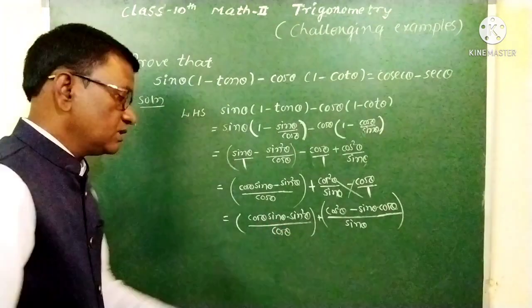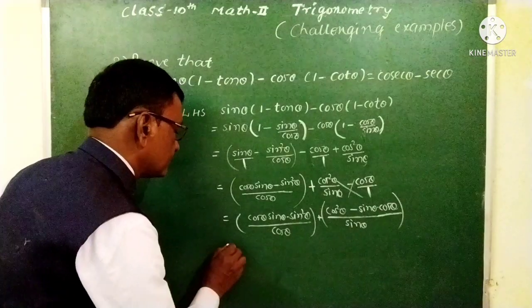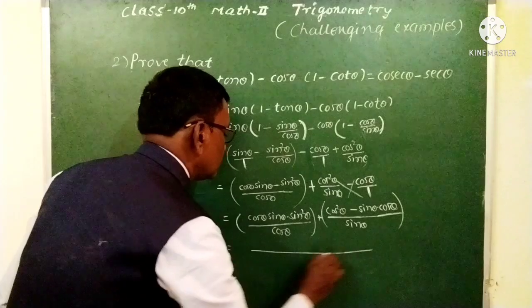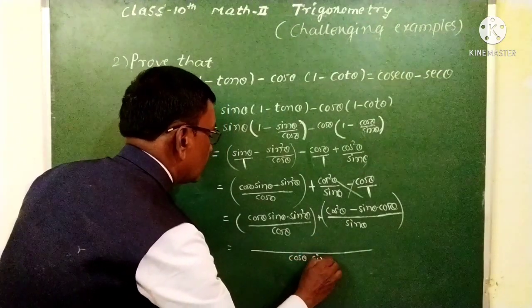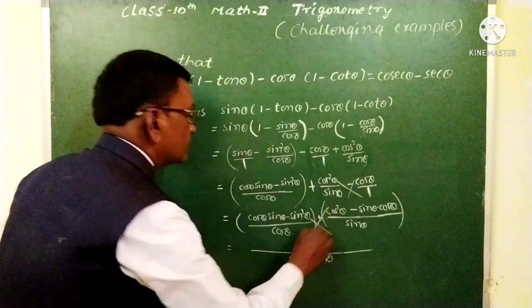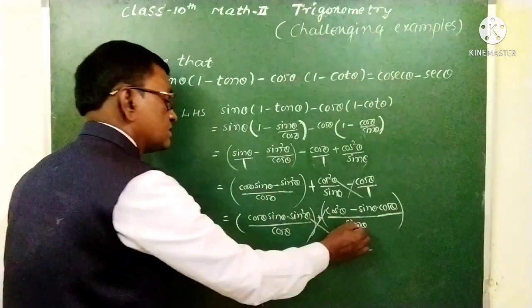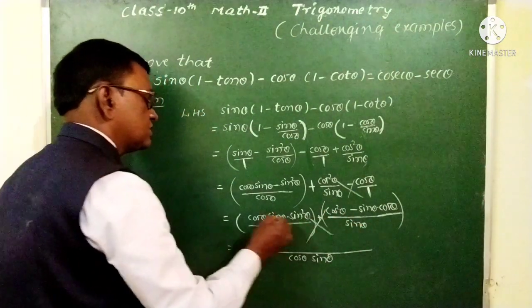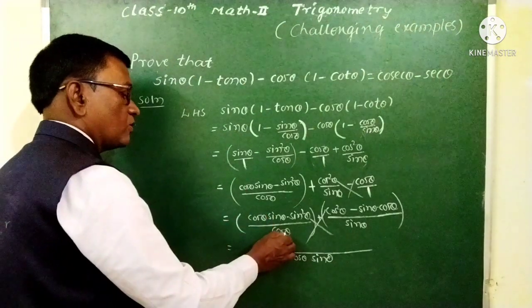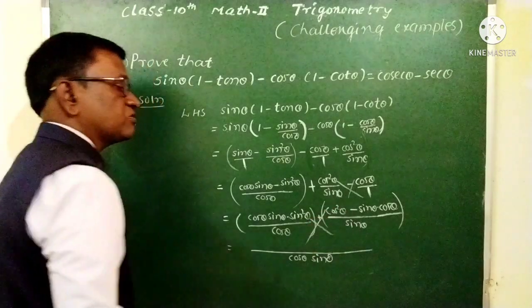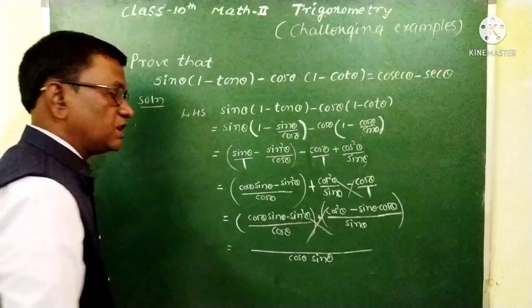Solve this as LCM equal to cos theta into sin theta. Again take cross multiplication. Sin multiplied by this is cos theta sin theta minus sin square theta, and cos to this bracket is cos square theta minus sin theta into cos theta.